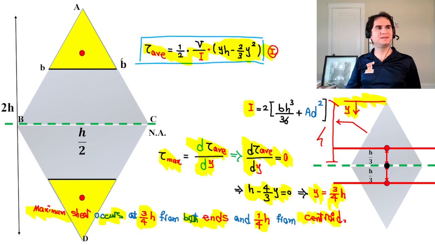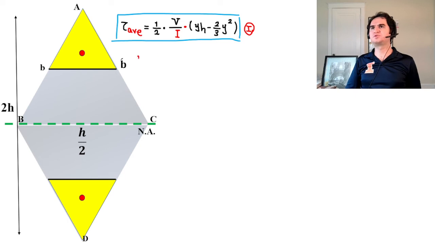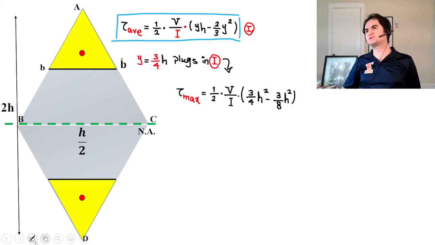Let's plug into the main equation to get the value of tau maximum. If you just plug in y, which is 3/4 of h, into equation 1, it gives you tau maximum by this equation.